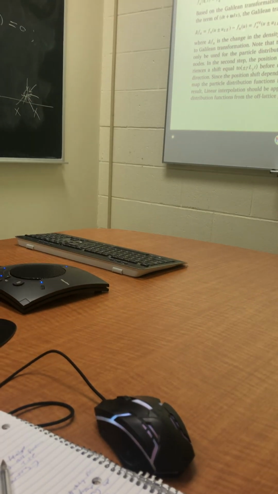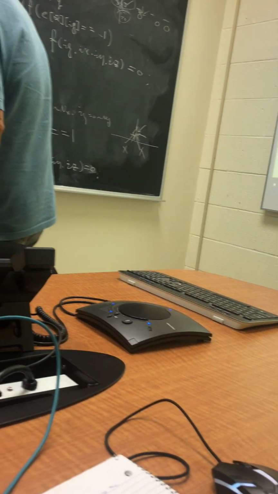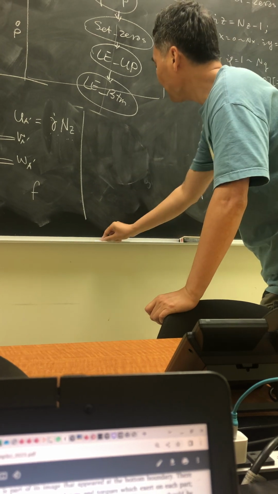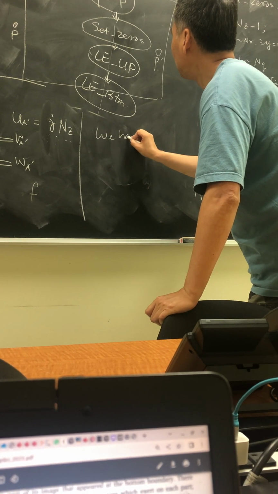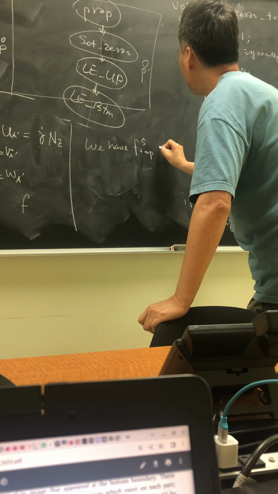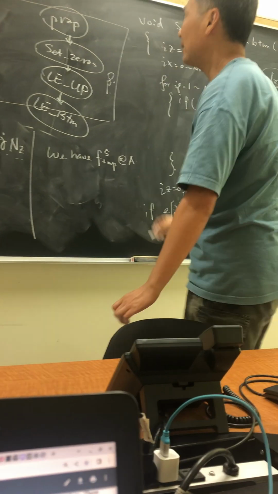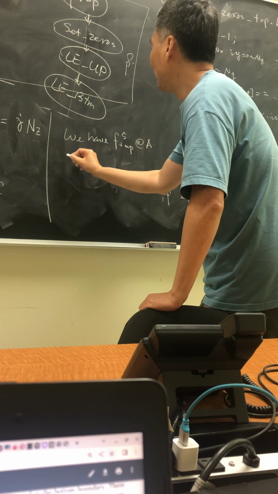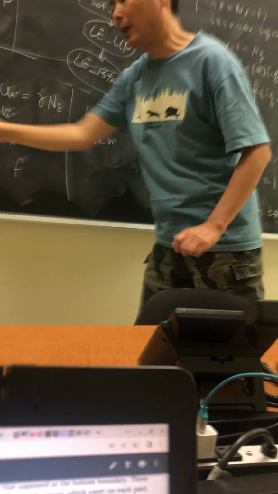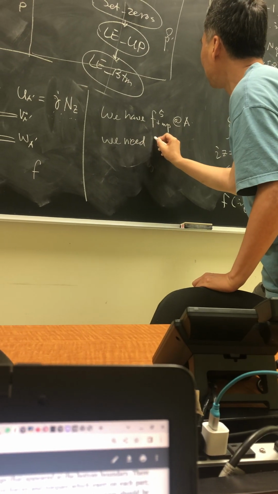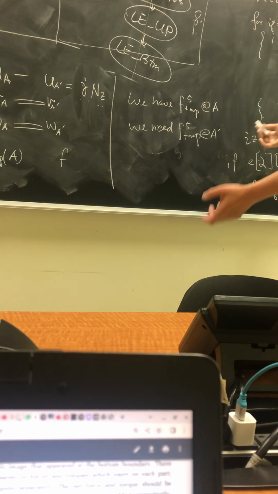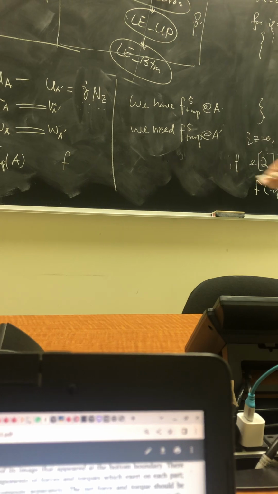So what we need is, using our picture, we have F temp at A, but this one is not useful. We need F5 temp at A prime, but we do not know this one.